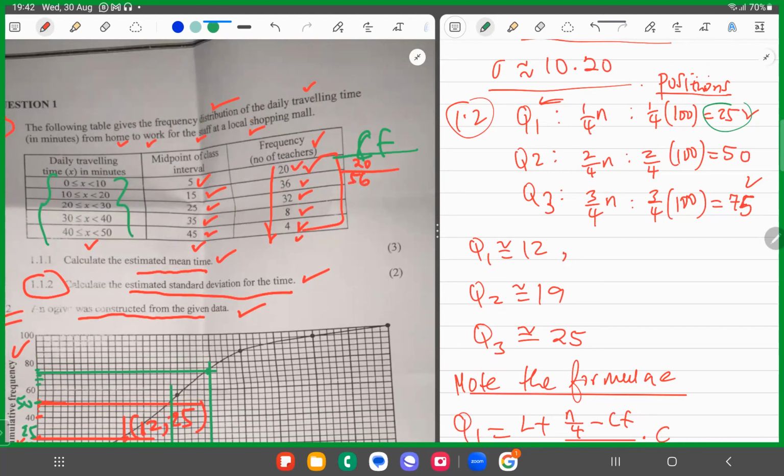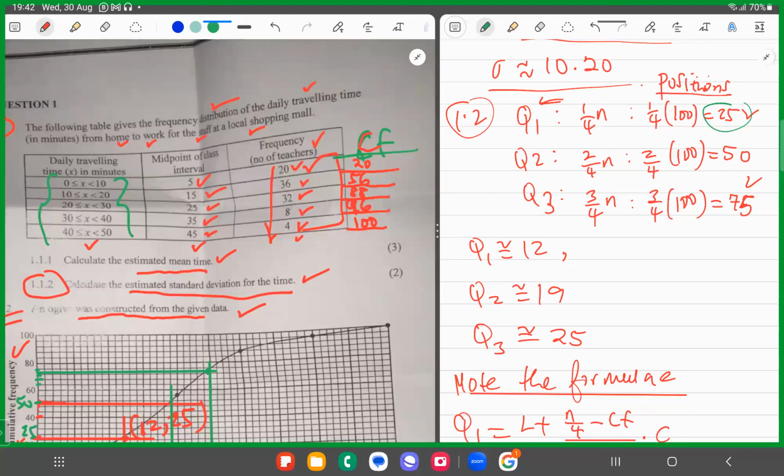Then you add 36, you get 88. Then you add 8, you get 96. Then you add 4, you get 100. This is the total. So this is the cumulative frequency column.